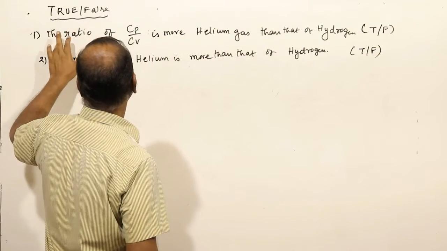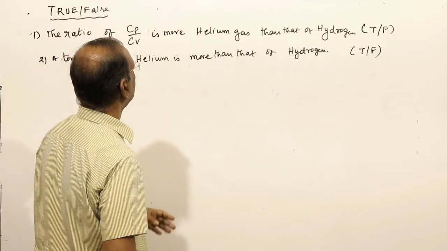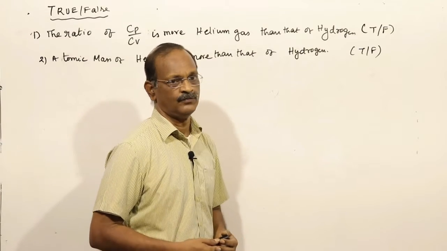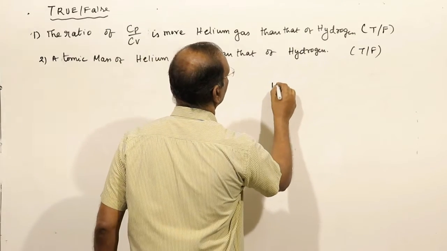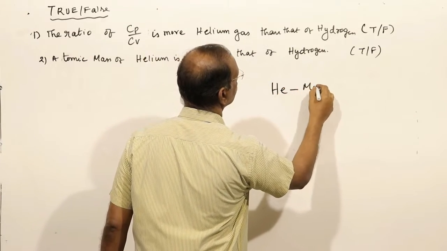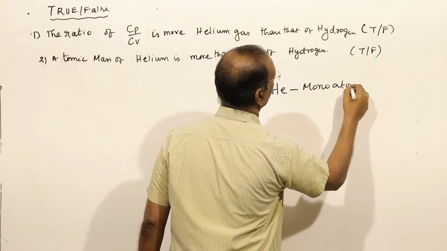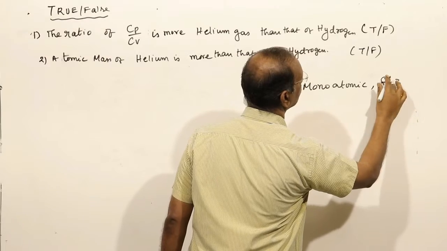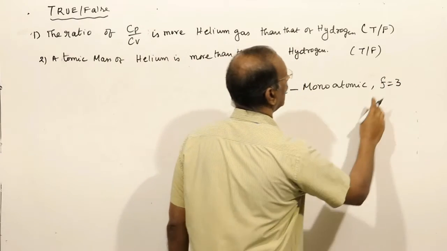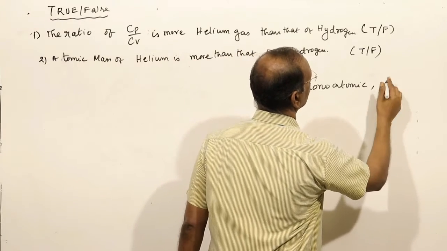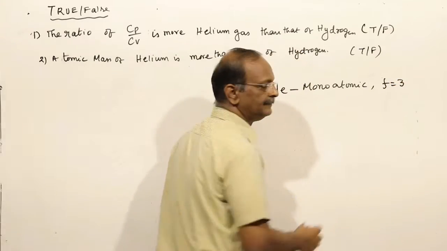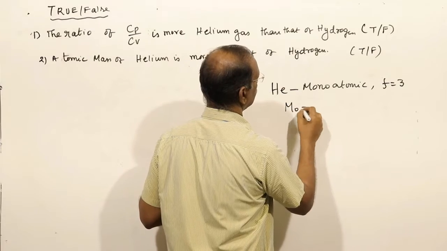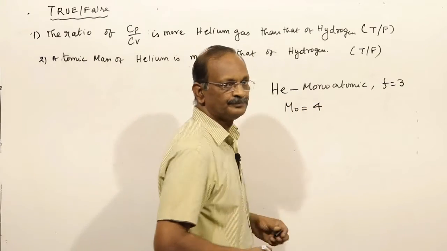Find true or false. The ratio of Cp by Cv is more for helium gas than that of hydrogen. True or false? Let us look at helium. Helium is monoatomic and its degree of freedom is equal to 3, and its molecular mass is equal to 4.